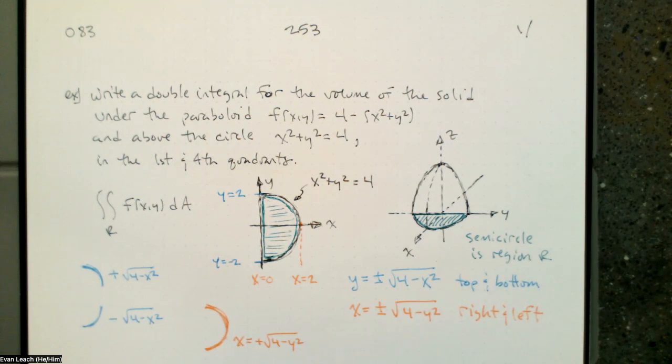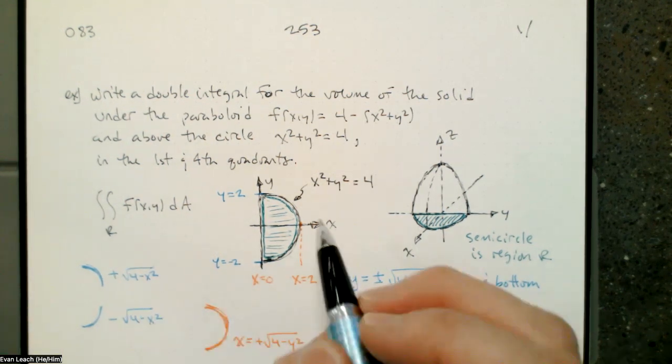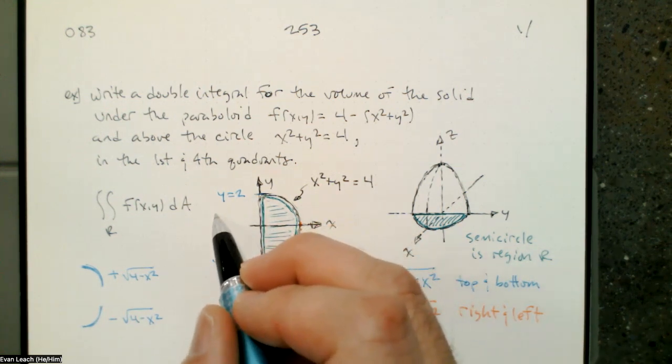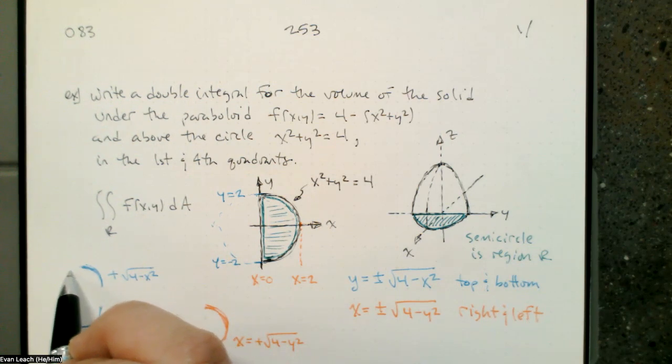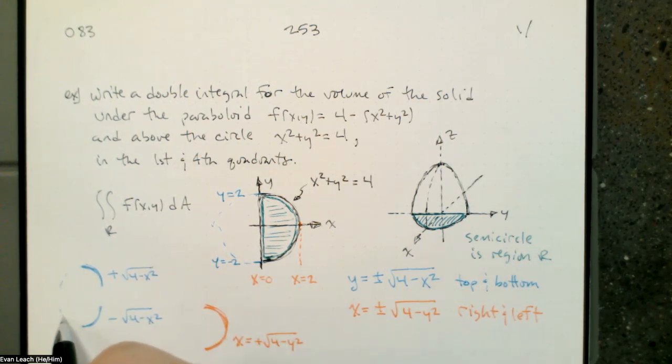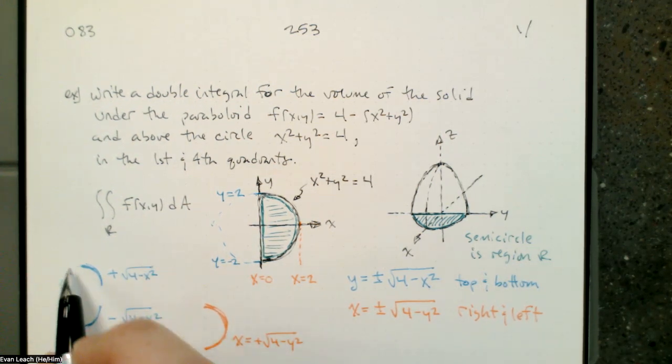That's the right semicircle versus the top and bottom semicircles. Now, the reason I only wrote quarter circles for the plus and minus square root of 4 minus x squared is that I'm not concerned with what's going on in quadrant 3 and quadrant 4. Not worried about those parts.